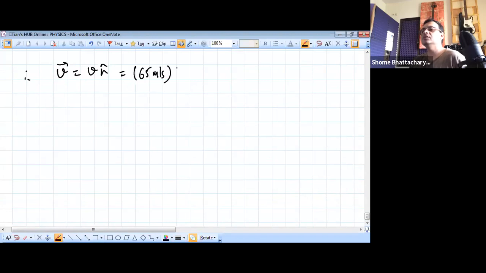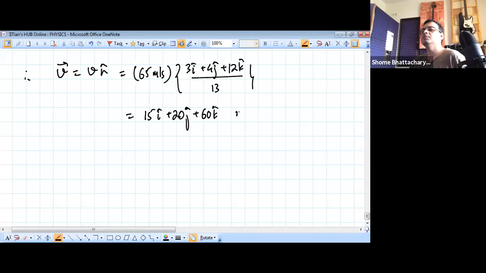And just now we saw that the unit vector was 3i cap plus 4j cap plus 12k cap divided by 13. So you can see that the velocity vector will become, this will go 5 times here, so it will become 15i cap plus 20j cap plus 60k cap in meters per second. This is now giving me the velocity vector.